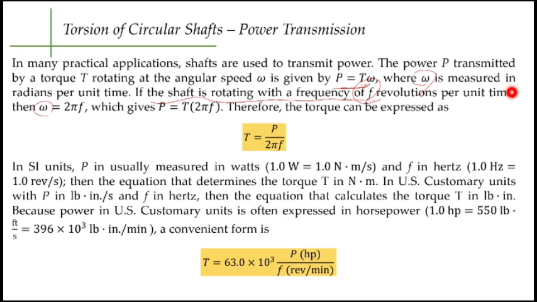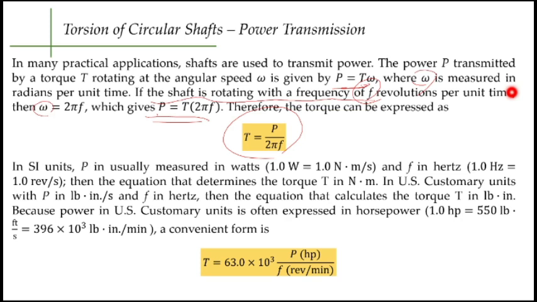So therefore, this gives us power P equal to torque times 2 pi f. Now, of course, you are to rearrange it: for a given transmitted power, how much torque does it create? So we use this formula.